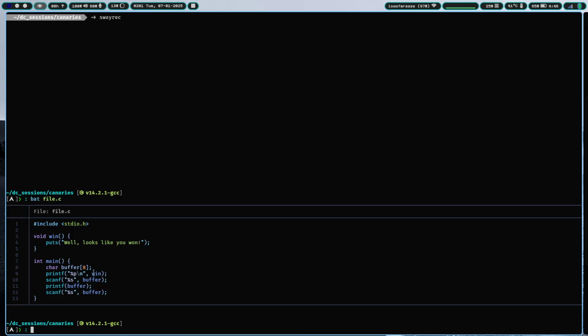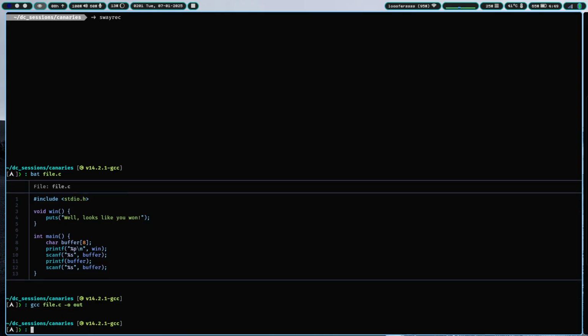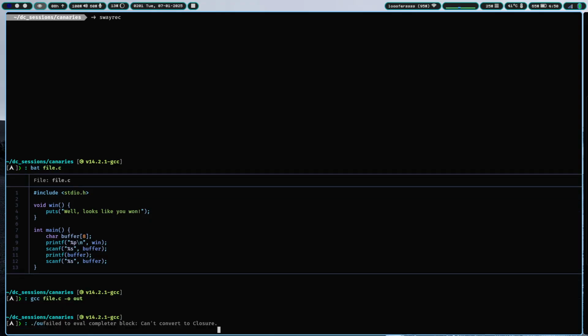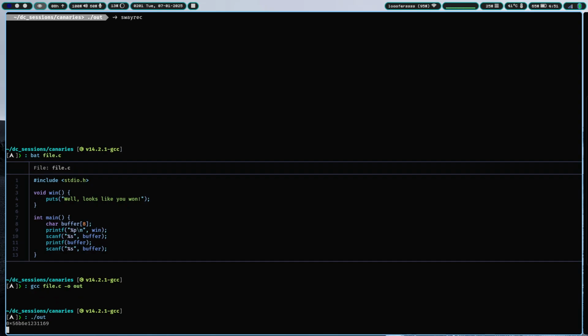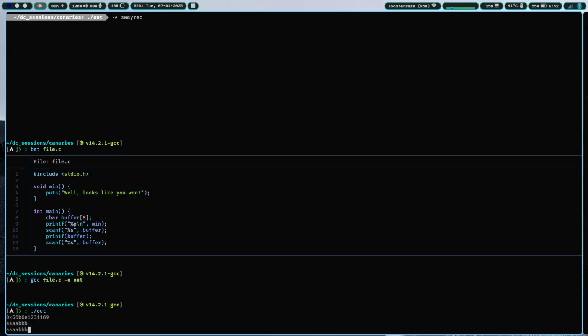In any case, first of all, gcc file.c minus o out, then ./out. It's very simple this time, no flags. That's the address of win. It prints the same thing.